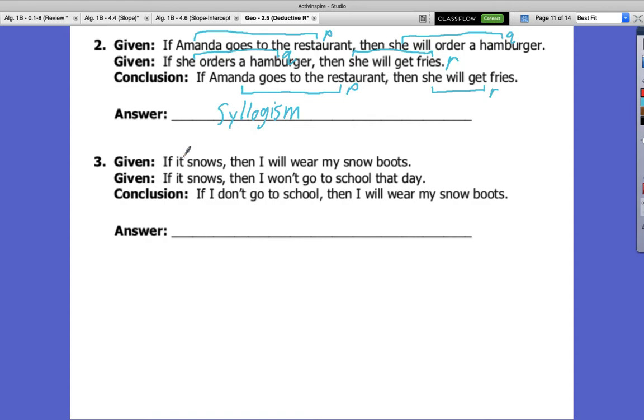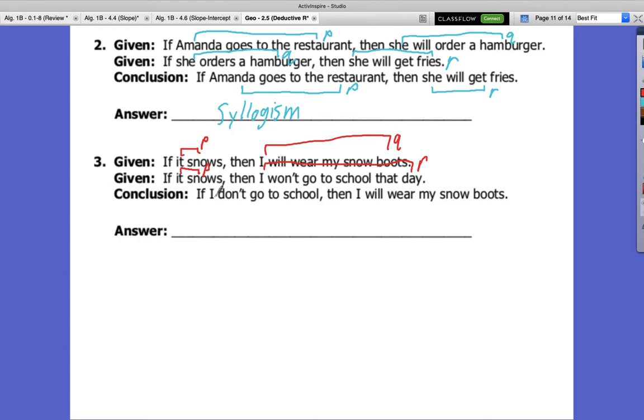Number 3, if it snows, then I will wear my snow boots. It snows, that's P. I will wear my snow boots, that's Q. If it snows is P again, then I won't go to school that day. That's R. So we have if P then Q, if P then R. So far, this doesn't really look like it is either of them. We don't have the second being a detached hypothesis, and we don't have the conclusion of the first matching the hypothesis of the second.